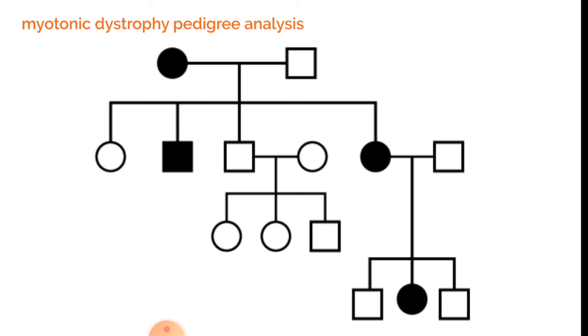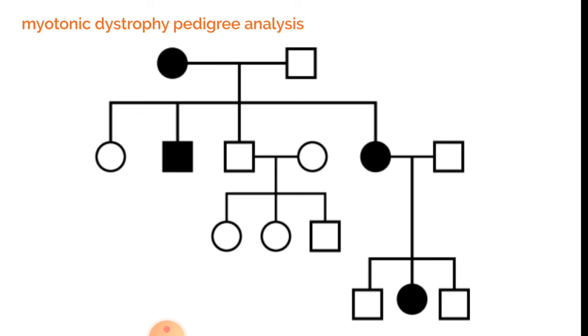Right? This trait can be passed on. This trait will be passed on to the progeny, and will appear in those which are heterozygous. So here you can see in this diagram, this is autosomal.